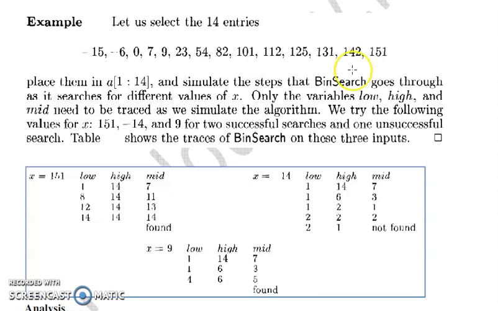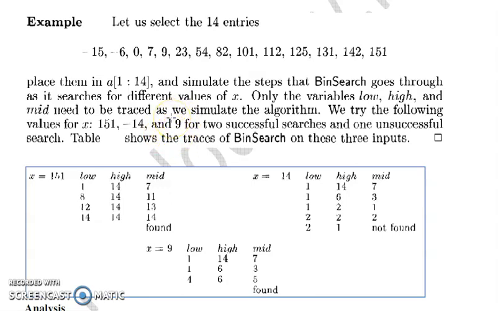To solve this binary search technique for this list, we need to take three variables, that is low, high and middle. In this problem we will take three cases: the first key element to search is 151, the second is 14 and the third is 9.